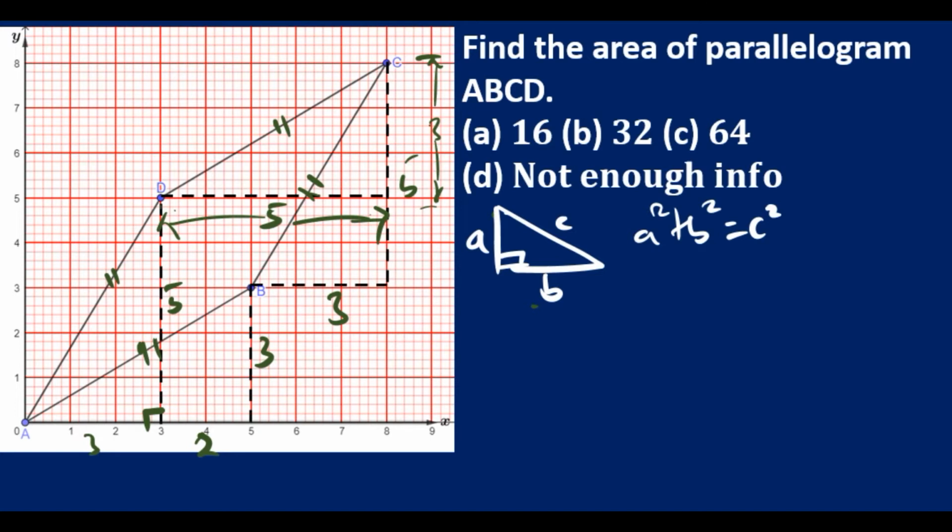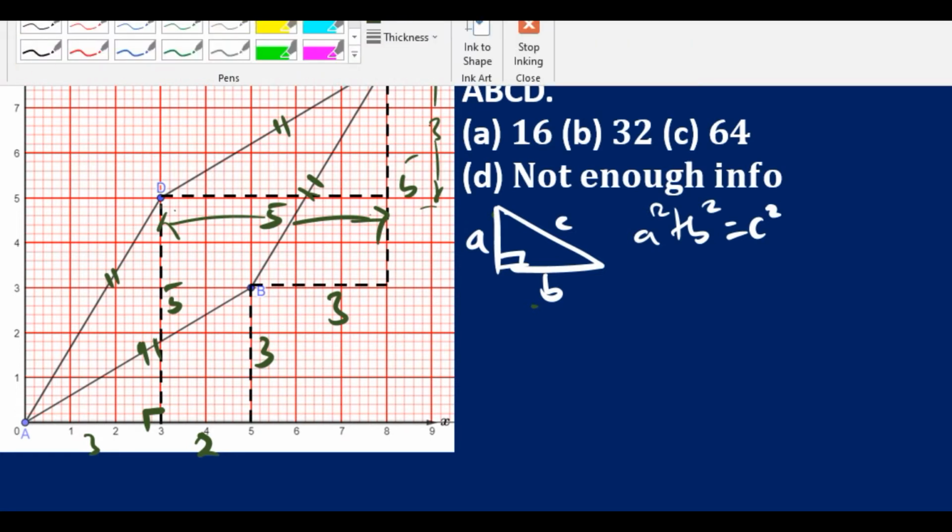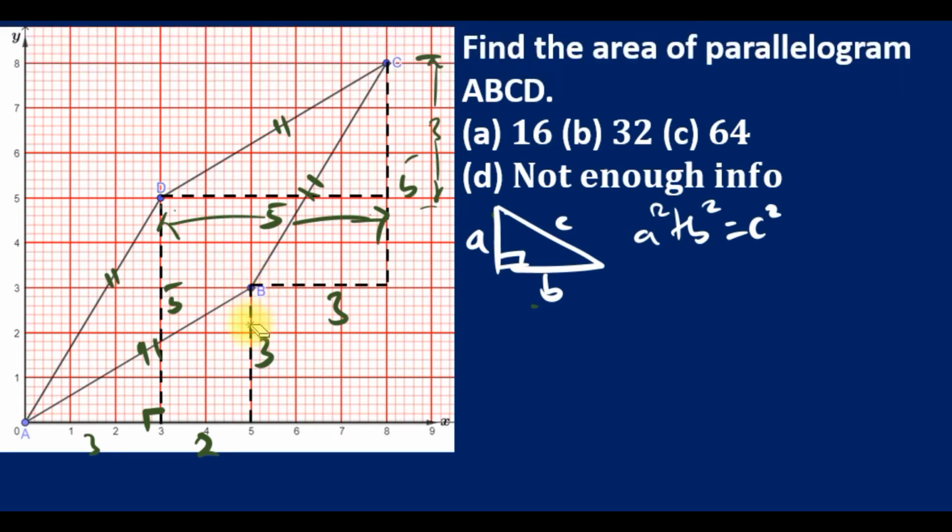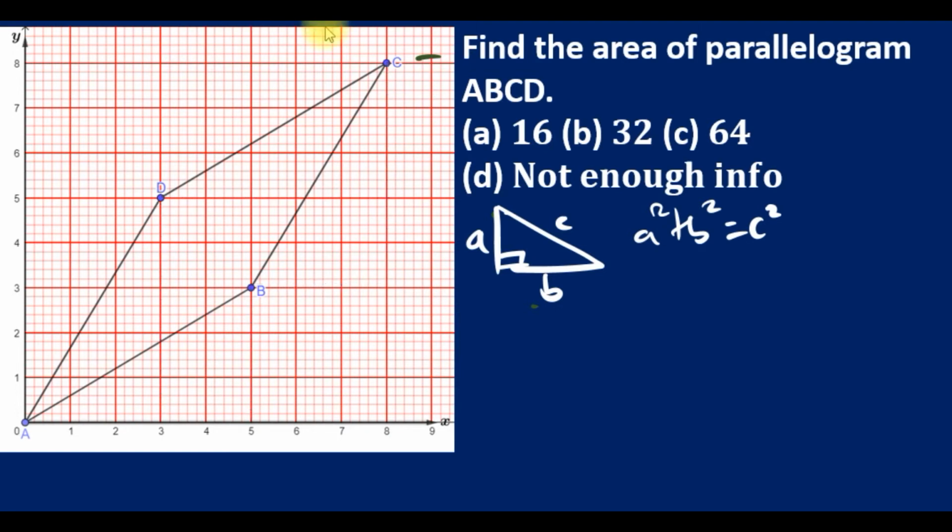So let me just wipe this. We've known that this is a rhombus, so let's find the length of the diagonals. Okay, so let's join the vertices so that we'll find the length of the diagonals.